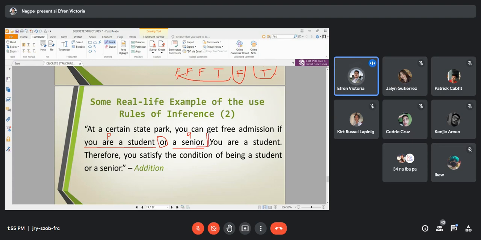Then ito yung next, yung you are a student, P. Therefore, so ito yung conclusion natin. So therefore, you satisfy the condition of being a student or a senior.